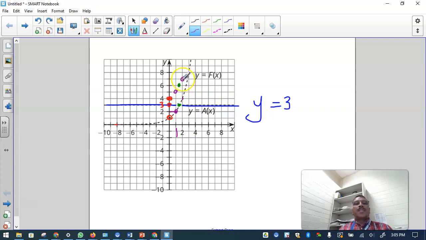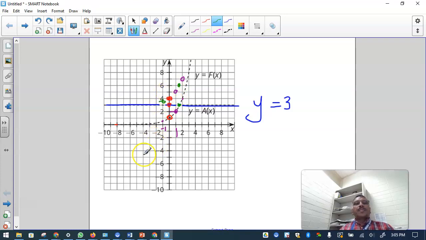Then if it is minus 1, the exponential is 0.5 and you're adding 3, so that will be 3.5, somewhere here. The point will be somewhere here.